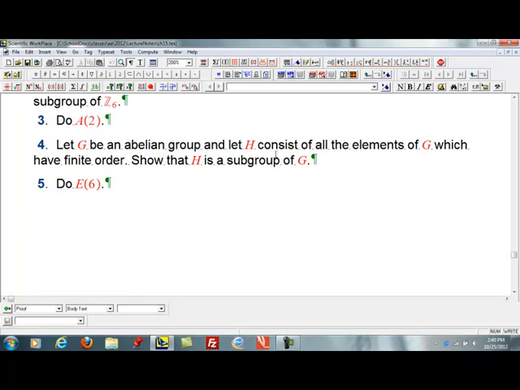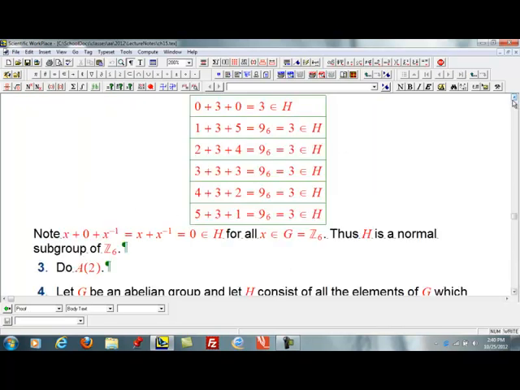Okay, so now you know that H is a normal subgroup of Z6. Now the solution is in your book. This is the beginning example for section A, and they have made the table for you, so just check the table in the book to verify your results.